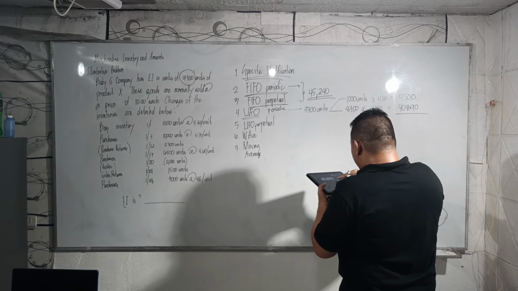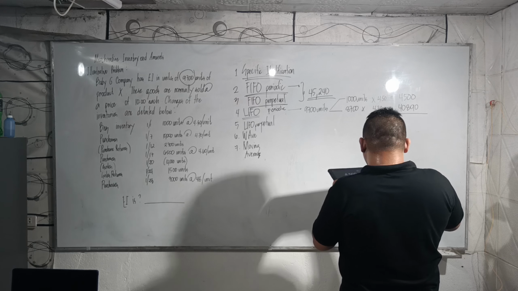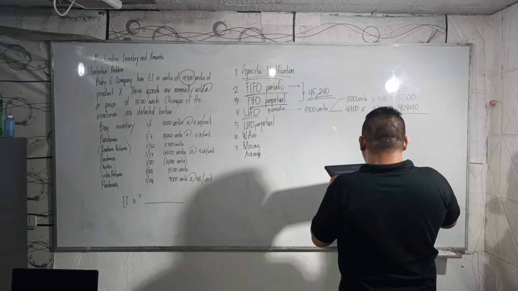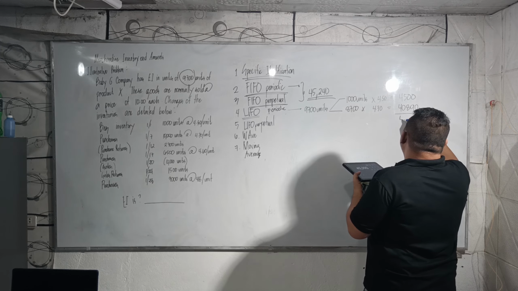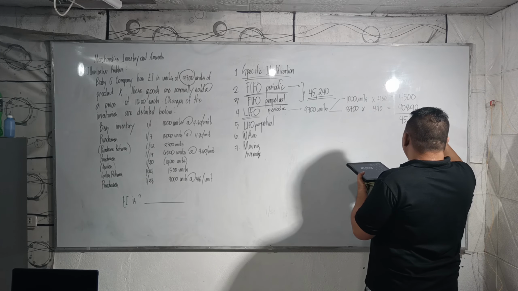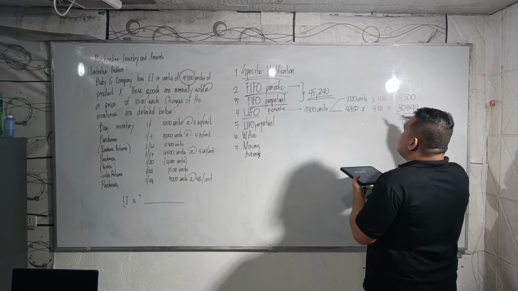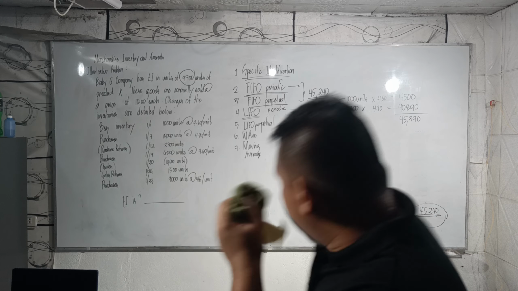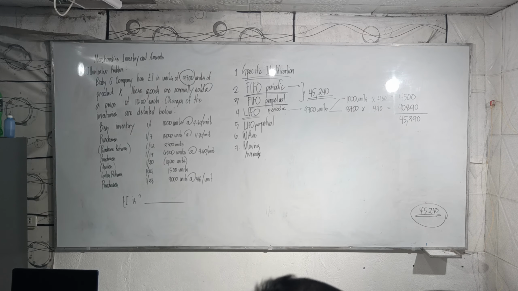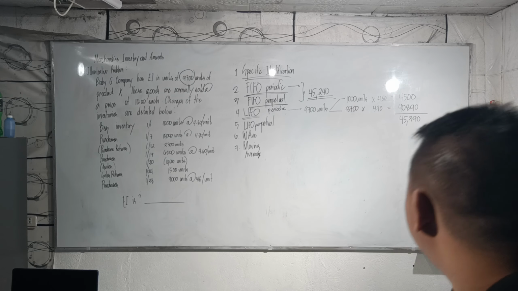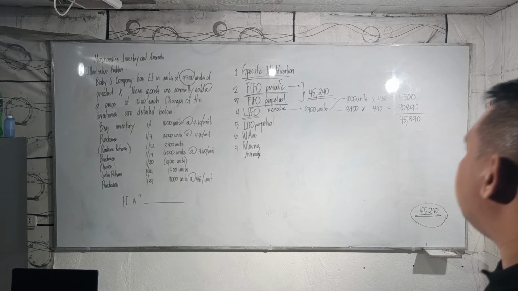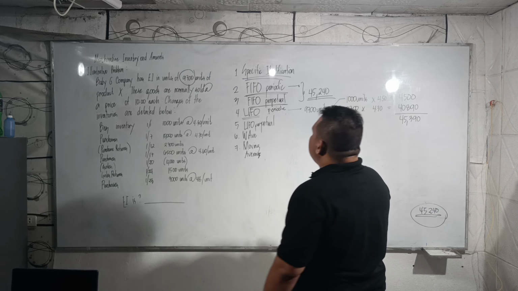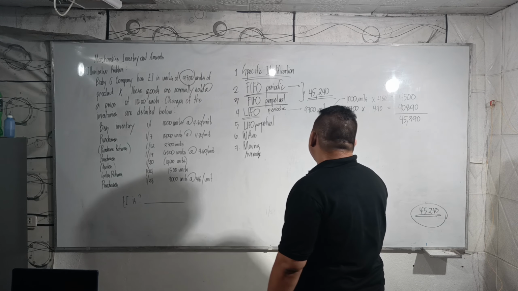And that 4,500 plus 40,890 equals 45,390. So when you compare it with the FIFO periodic and FIFO perpetual, that is actually very near. Am I right? Yeah, it is very near. So that's how you compute the ending inventory using the LIFO periodic.